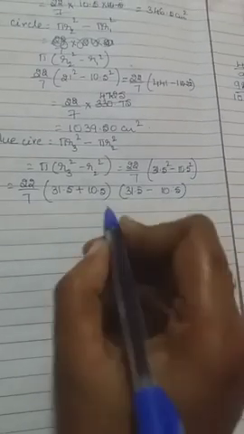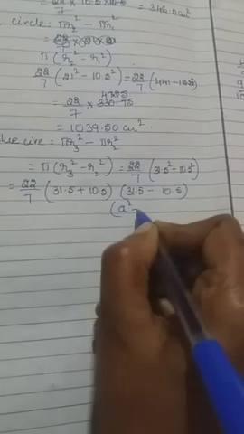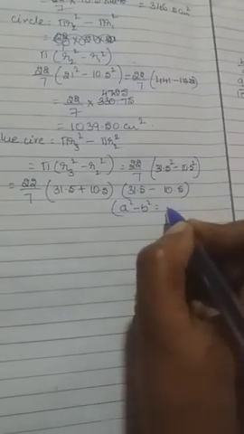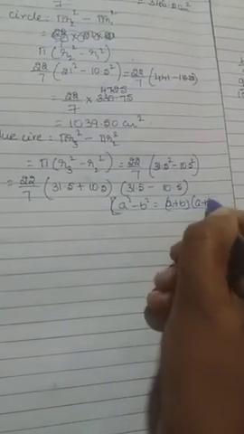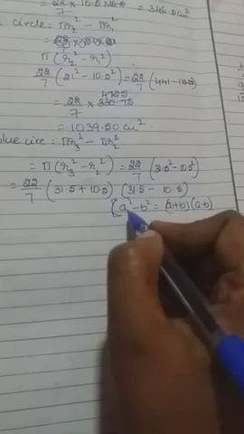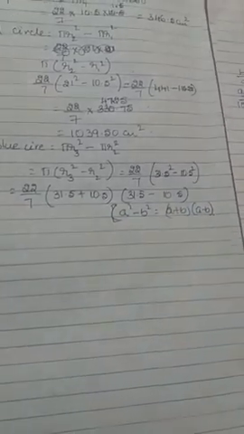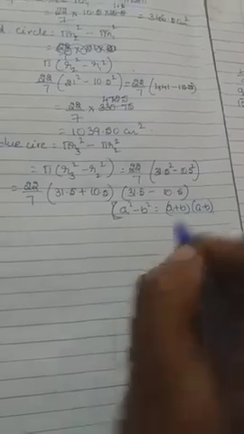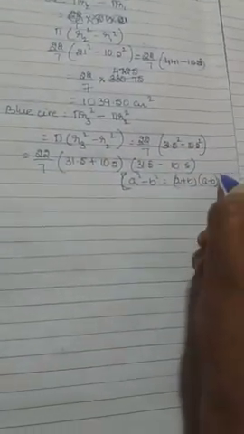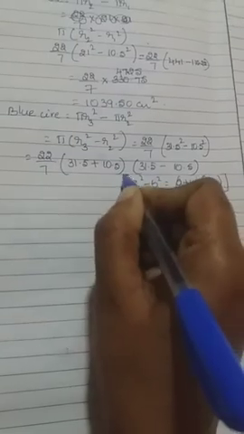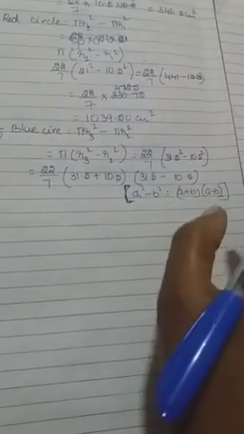Here a is 31.5 and b is 10.5. Based on this formula I wrote it like that. I'll teach you both methods, so follow whichever is easy.